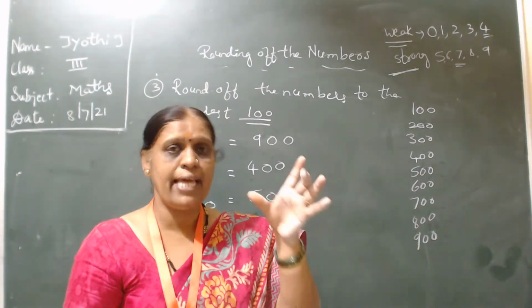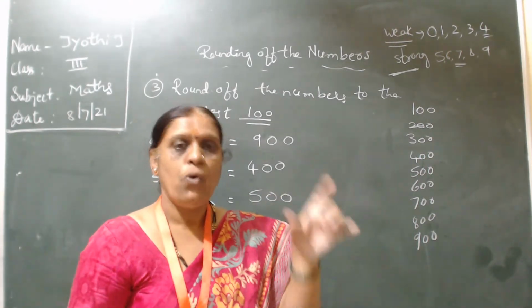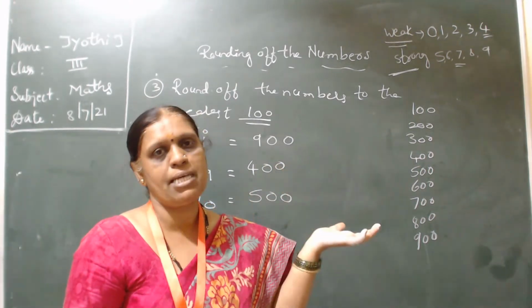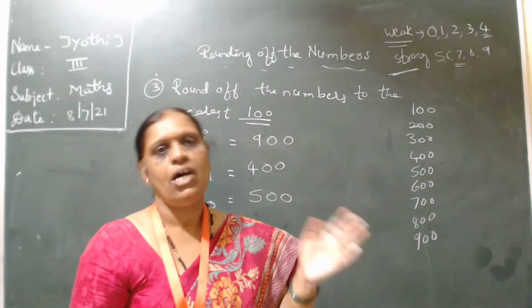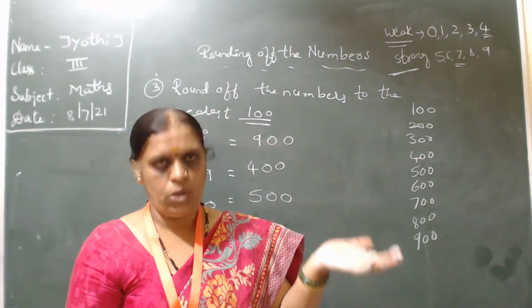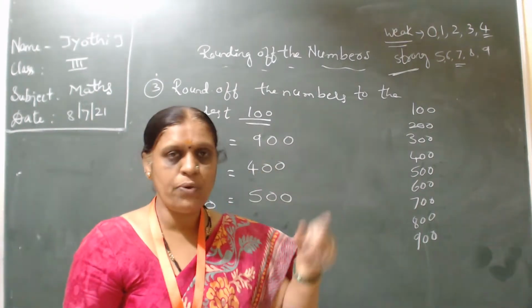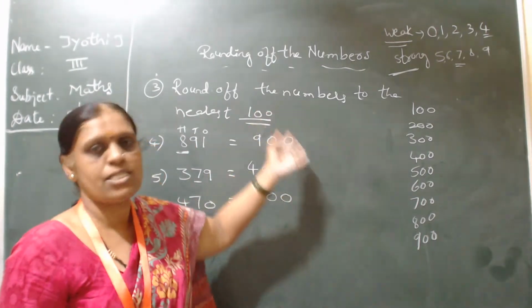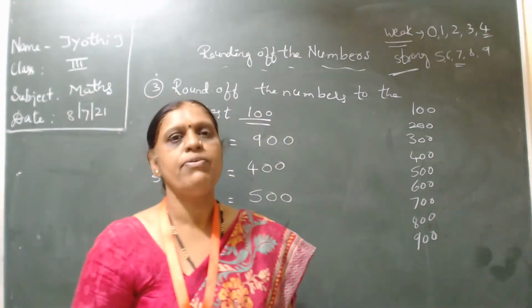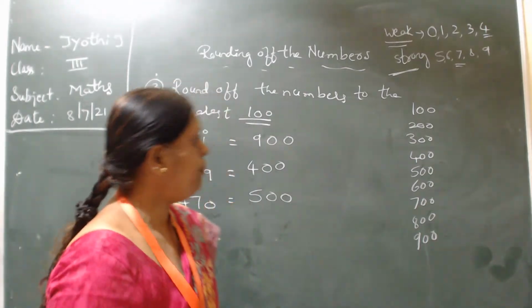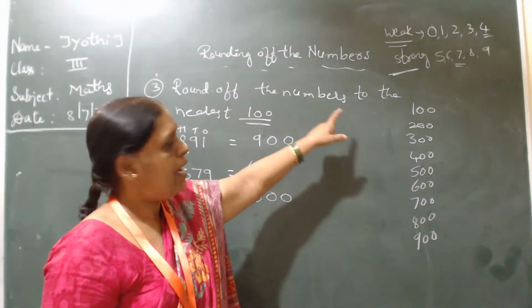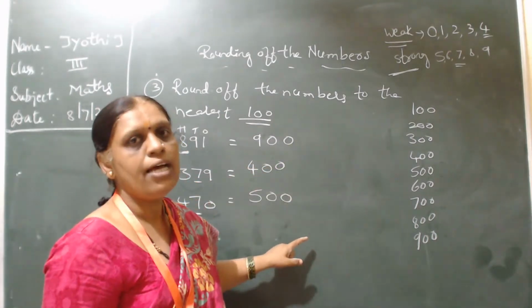Instead of saying the exact number, we tell in round figures, so the total amount may sometimes be less or sometimes more. One round figure we tell is called the rounding of numbers. So keep in your mind the weak numbers and strong numbers and how to change the numbers.